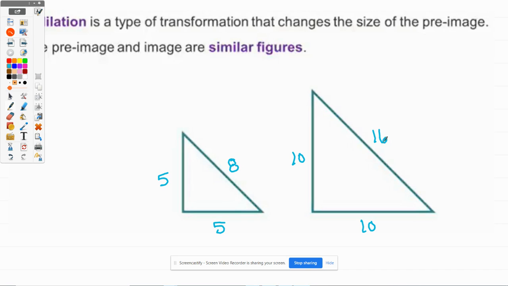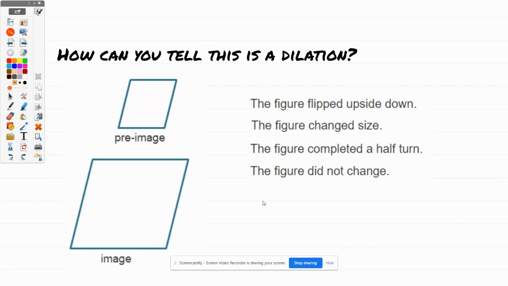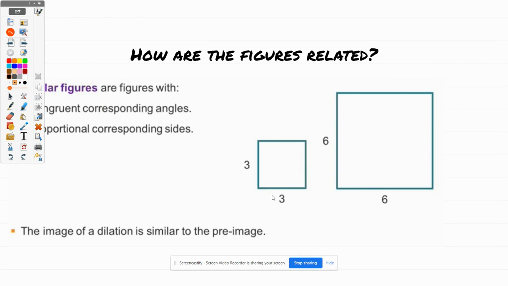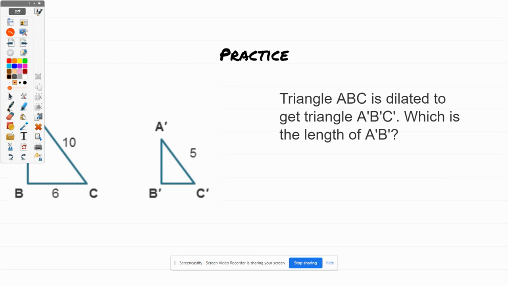It'd have to be 16 because these angles are matching. If it's going to be similar, then when you put the new guy over the old guy, it has to give you the same fraction. 16 over 8 is 2, 10 over 5 is 2, and so on. It doesn't always have to be 2, but that was just an easy one for us to talk about. So we have an example here.